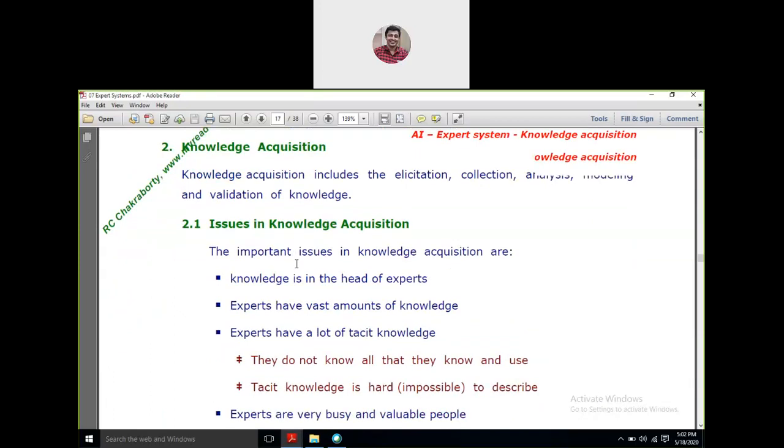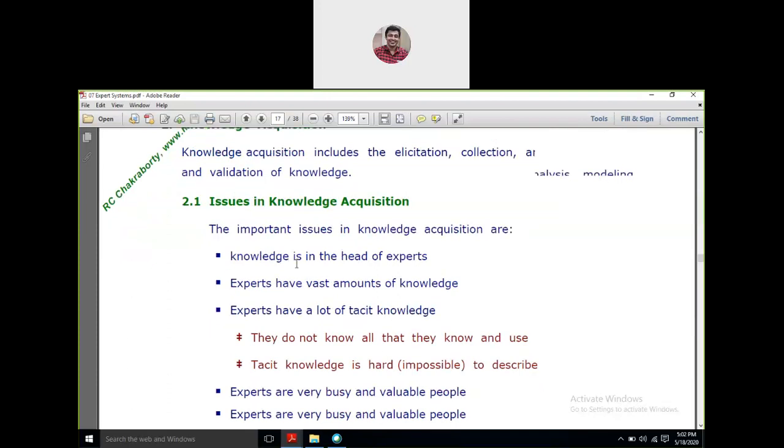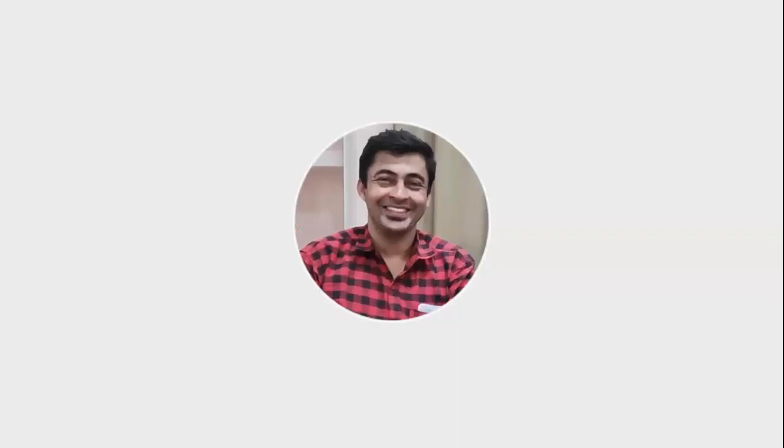Now we need to know what the basic issues are, because within knowledge acquisition we do have the issues of knowledge acquisition. This is what you need to remember. Then the techniques of knowledge acquisition that are adopted to acquire the knowledge, and finally we have the knowledge base.